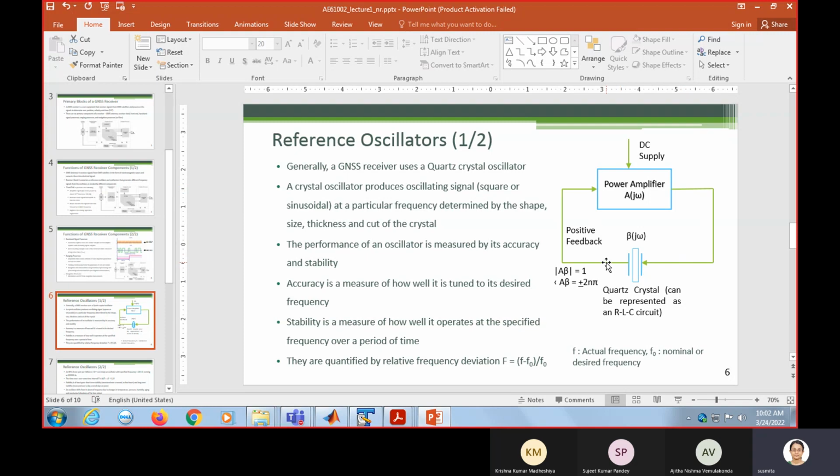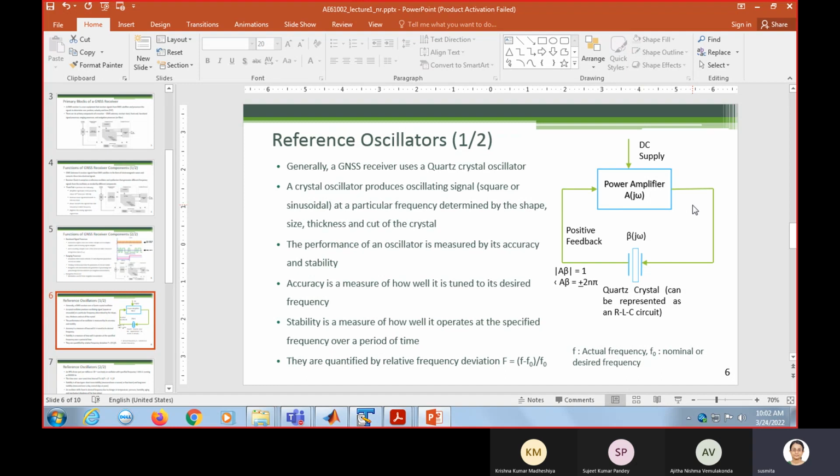At this point, it is attenuated, and then the amplifier will amplify it by the same amount. So you just get the same thing as before, right? By ensuring that the loop gain is unity, you can sustain the oscillation. It does not change in amplitude, neither does it grow nor attenuate.